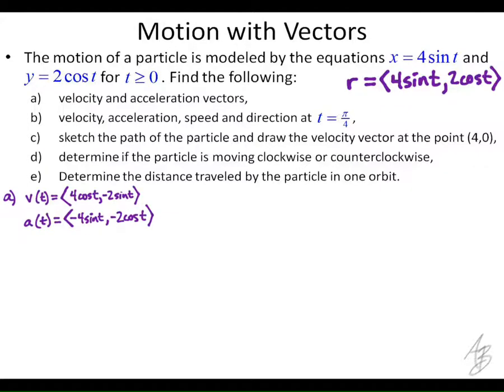All right, so part B. We want to find the velocity, acceleration, speed, and direction at t equals pi over 4. So basically what I'm asking you to do here is just plug what we know into those equations that I just gave you. So for part B, let's start with the velocity at pi over 4.